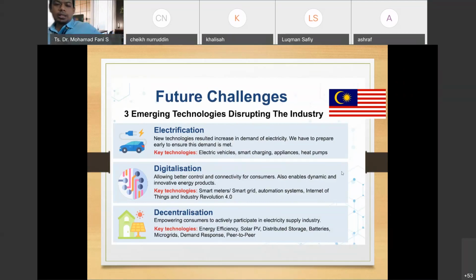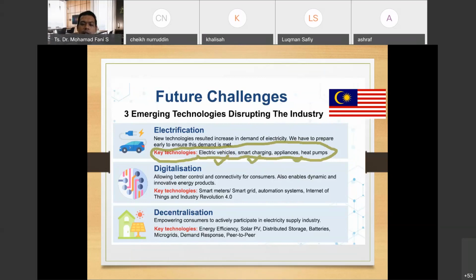So future challenge: electrification, digitalization, decentralization, all key points for electric vehicles, smart charging appliances, heat pumps, smart meters, smart grid automation. So that's the key challenge. If you want to get a good salary in the future as an engineer, you must have this knowledge: electric vehicles, smart charging appliances, the electrification.